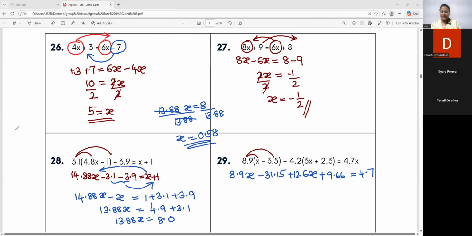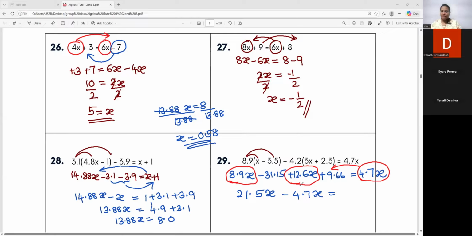On the left hand side I have 8.9x and 12.6x, both plus. On the right hand side I have 4.7x. So I am going to move that 4.7x also into the left hand side. 8.9 plus 12.6, both are the same sign so we can add. 9 plus 6 is 15, 8 plus 2 is 10, plus 1 is 11. 21.5x equals, oh no, we'll take this one to this side, then minus 4.7x equals.